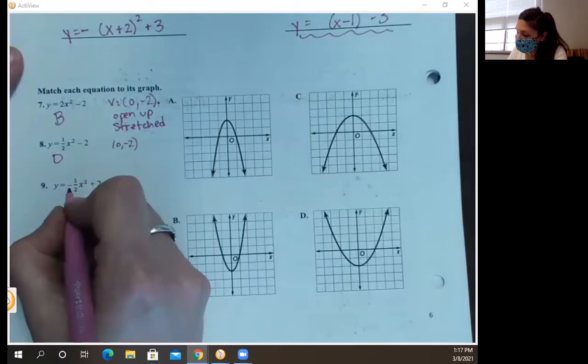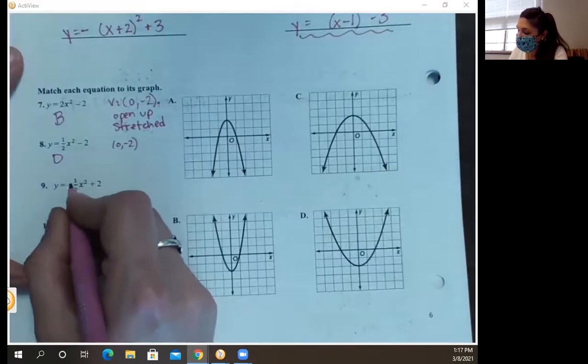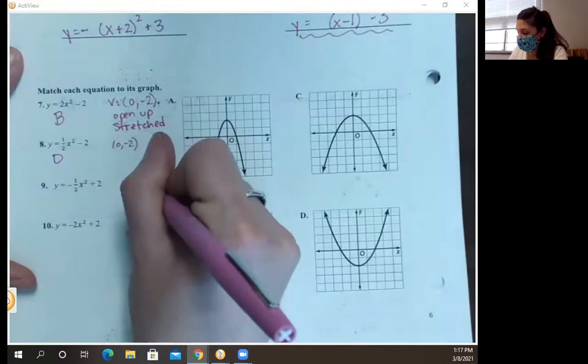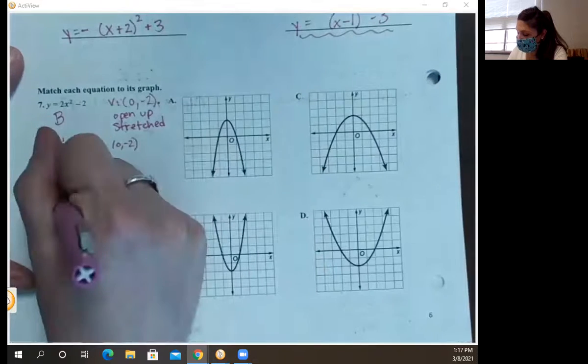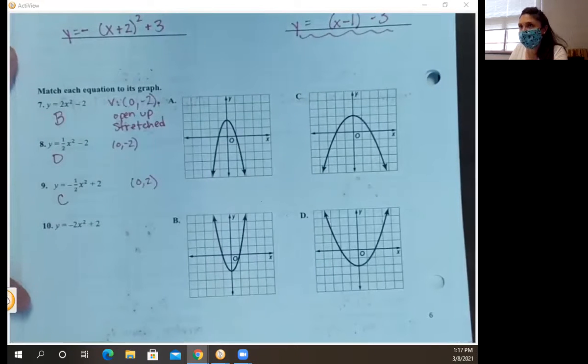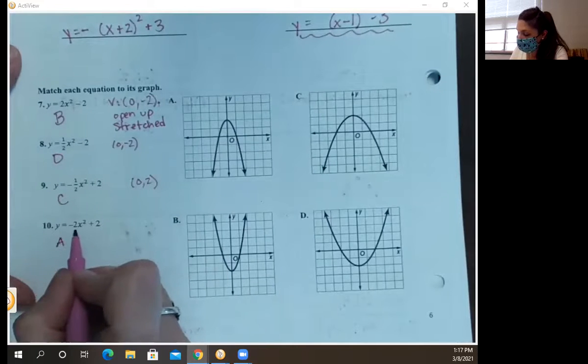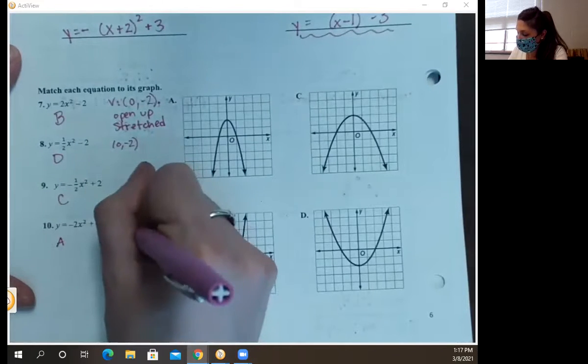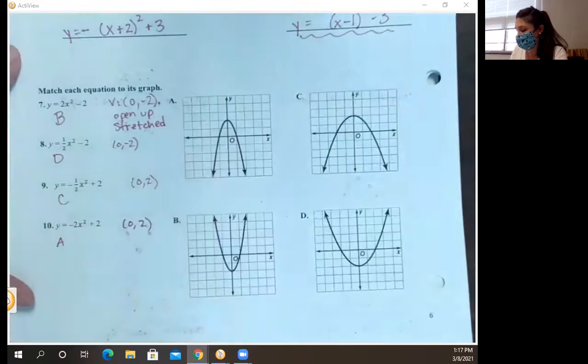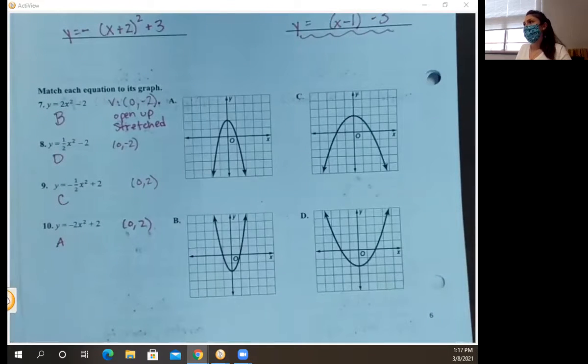C, we're going to be flipped because of that negative in front. We're going to be wider, but our vertex this time is at (0, 2). So that's C. And then 10, A. We're going to be flipped. We're going to be narrower, and our vertex would be at (0, 2). So that's A. Questions for me?